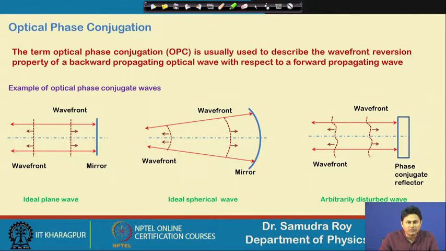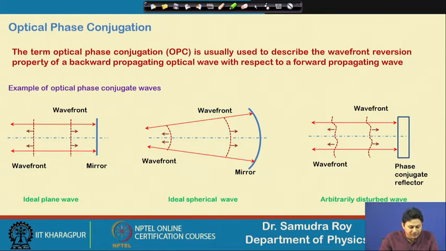So, a wave is propagating in the forward direction, and if the same wave is propagating in the backward direction, then this is nothing but the conjugate wave of that, and phase conjugation is related to that property.